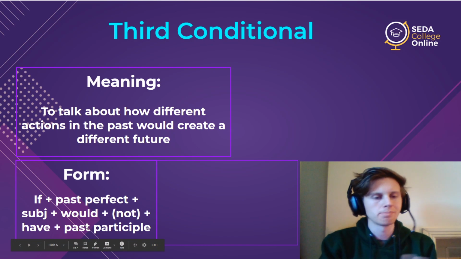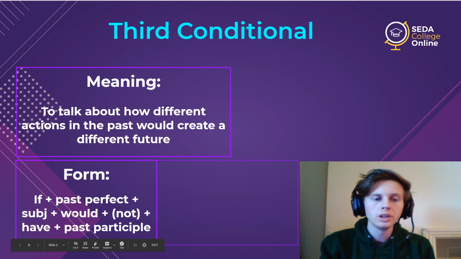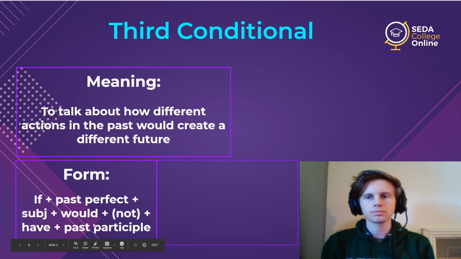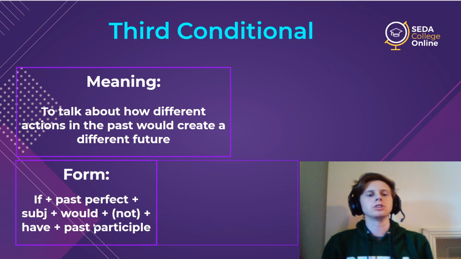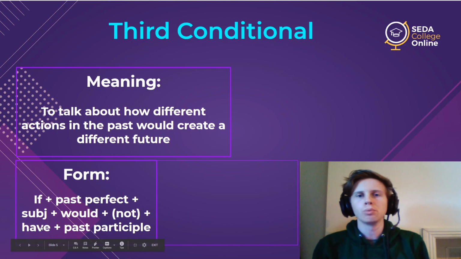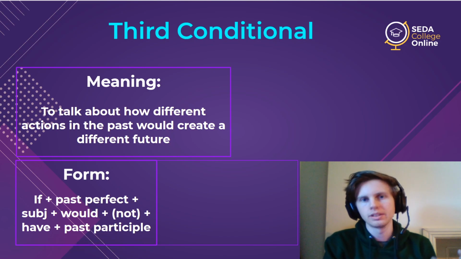So we say if plus the past perfect, and then we use would and the past participle, would have. And so now by using these perfect tenses, so past perfect and modal perfect, we are showing that we're talking about a past action that is true. That's why we do it this way.